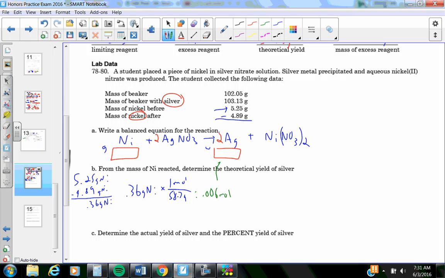That goes over here. I have 0.006 moles of nickel. So how much silver can I make? Well, 1 mole of nickel makes 2 moles of silver. So 0.006 times 2 over 1, the number that I'm trying to get to goes on top, is going to equal 0.012 moles of silver. That's how much I should get.